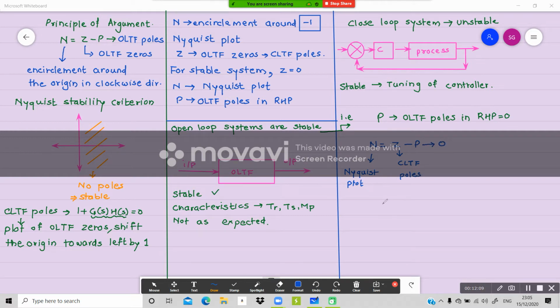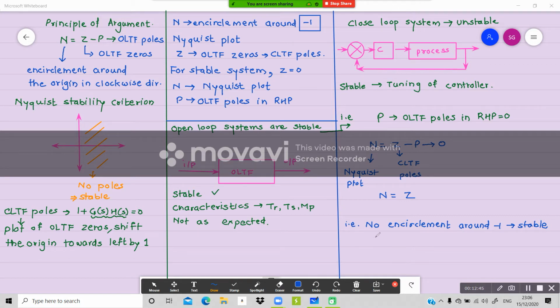That means encirclement is equal to CLTF poles, and a very simple statement we can have over here: no encirclement around -1, system is stable, correct?